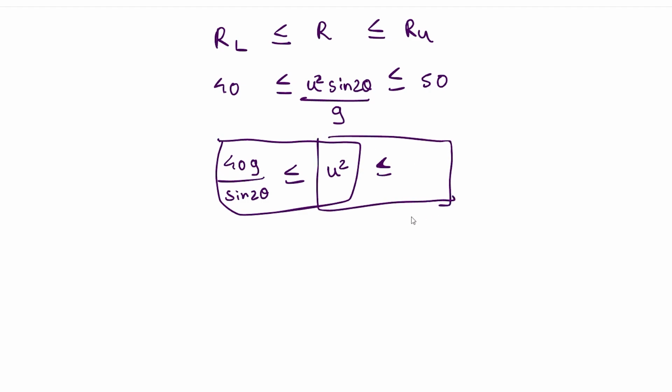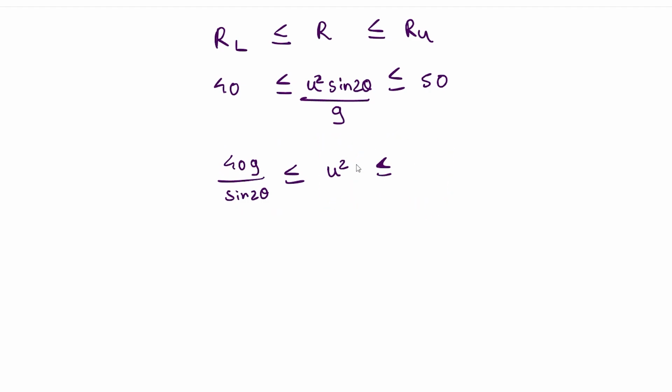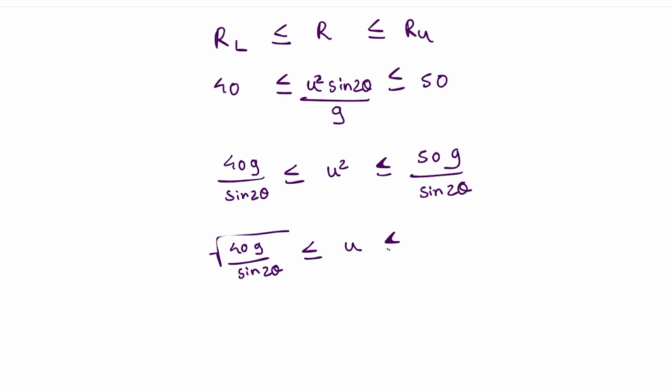Whatever values we multiply or divide, we have to do it on both sides. Over here we have the term 50 into g divided by sine 2 theta. If I take the square root on all sides, I get root of 40g divided by sine 2 theta should be less than or equal to u, which should be less than or equal to root of 50g divided by sine 2 theta.